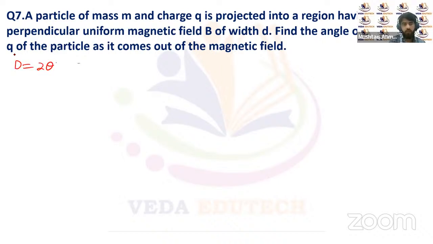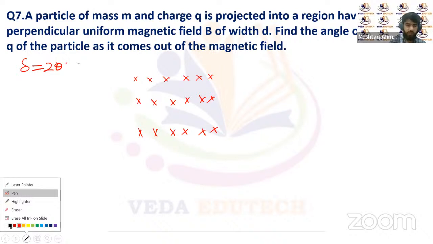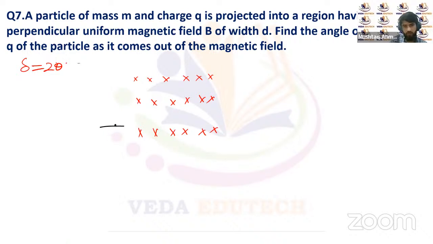Theta is the angle at which the charged particle will enter the magnetic field, so twice that angle will be the angle of deviation. Now let's suppose this is the magnetic field region. If the charged particle enters perpendicular to this interface, at an angle of 90 degrees like this, then it will follow a circular path because of the magnetic force, and will leave this region like this.